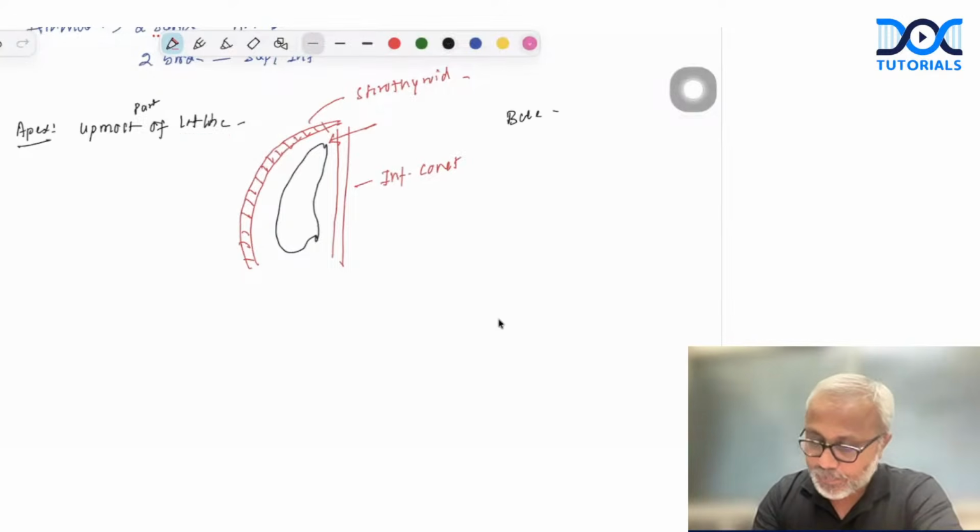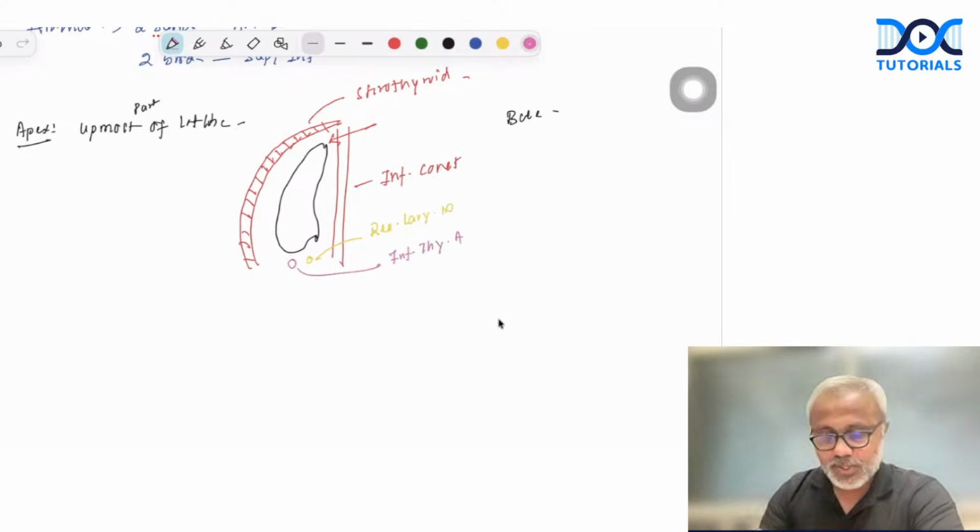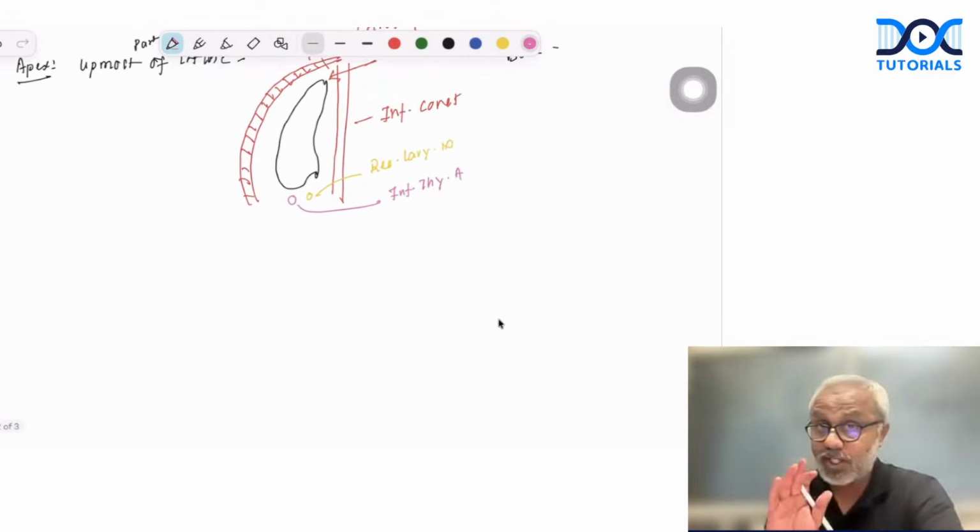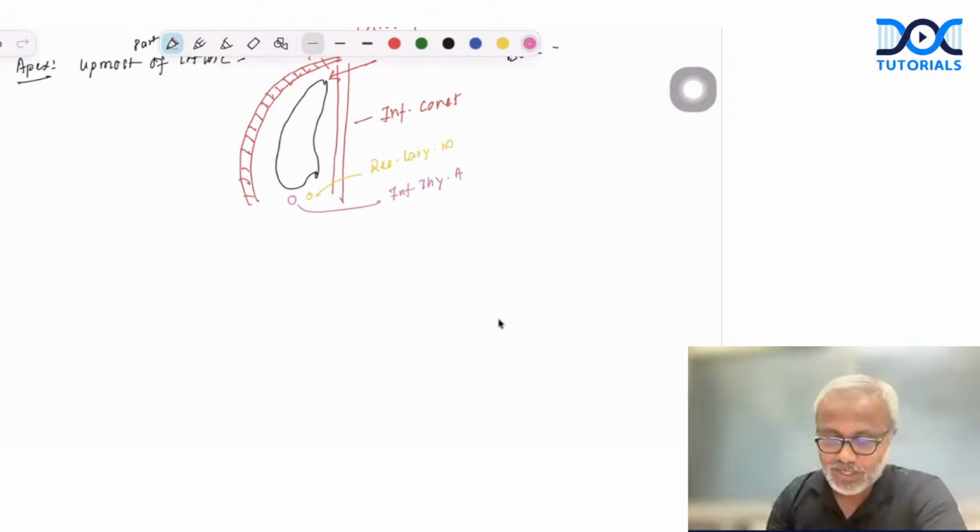Remember, the base is related to two structures, an artery and a nerve. The nerve is the recurrent laryngeal nerve, okay? And the artery that we have here is the inferior thyroid artery. So this is what we write for apex and the base. Done.